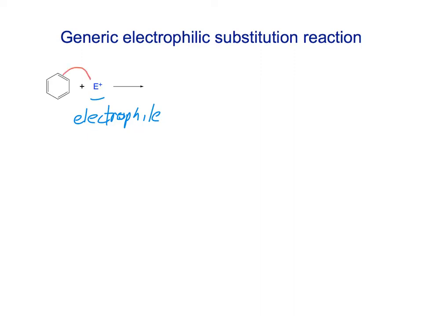We're going to have this pi bond come over and react with the electrophile. One thing that makes this easier, at least in the beginning, is whichever pi bond you're choosing to show the reaction for, draw the hydrogens there, just so you don't forget about them.